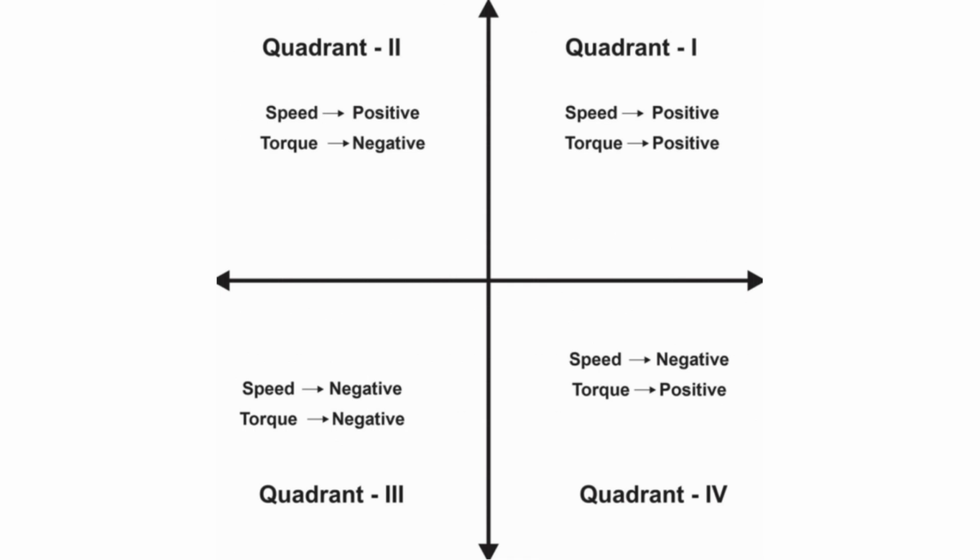Each quadrant reflects a unique combination of these variables: positive speed and positive torque for quadrant 1, positive speed and negative torque for quadrant 2, negative speed and negative torque for quadrant 3, negative speed and positive torque for quadrant 4. So, this graphical tool, as you can see, is essential for visualizing the operation of the drive and understanding how changes in control parameters affect the performance of the motor.